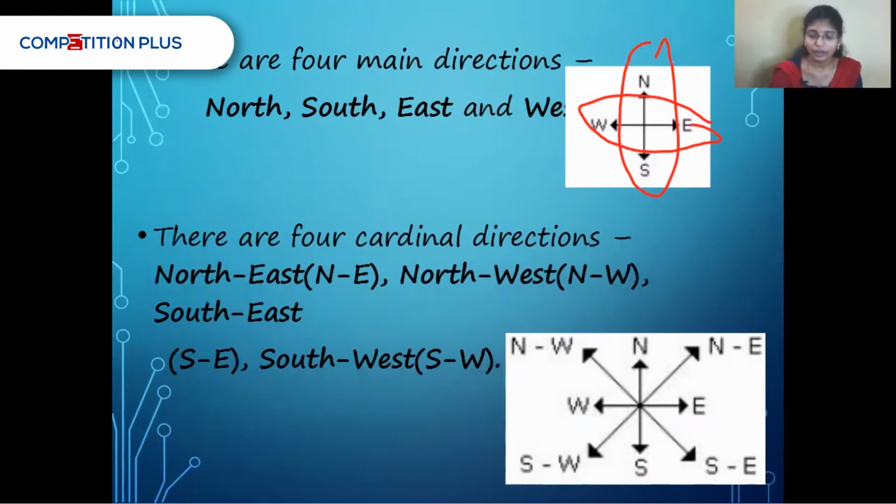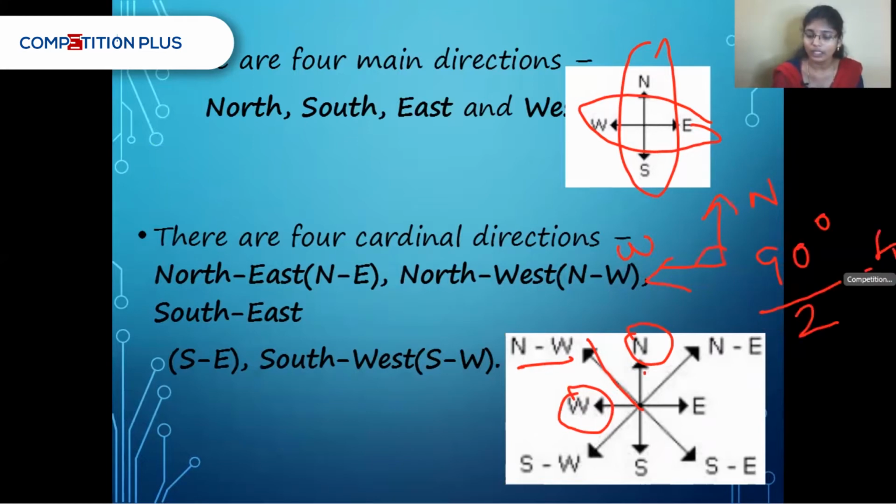If you have north here and west here, the northwest is nothing but the exact half of the angle between north and west. If the angle between north and west is 90 degrees, the exact half of it is 45 degrees, so that 45 degree is another direction, that is the northwest.